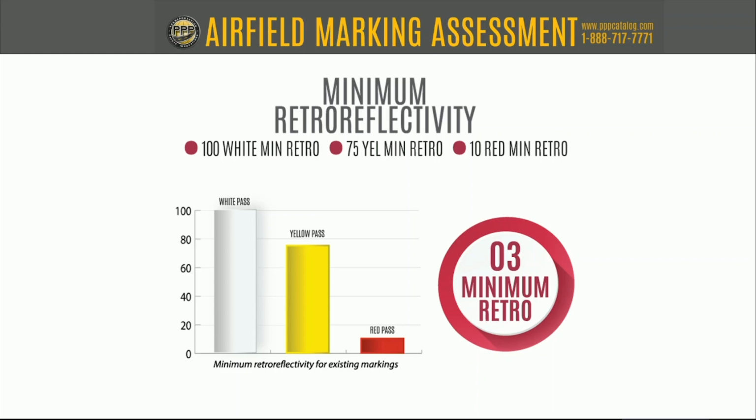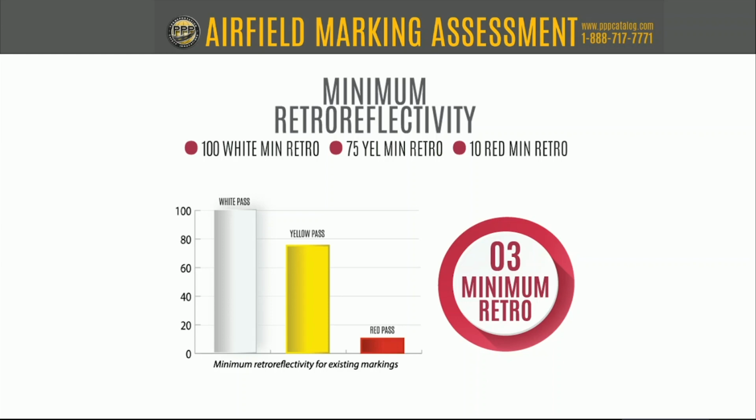Also note that we experience much higher numbers than this on our better airfields that are using these type 3 high index beads. In fact, we did one assessment on our end. We don't do assessments like Mike's team does, but we go out just for promotional reasons, or to learn more about the industry.